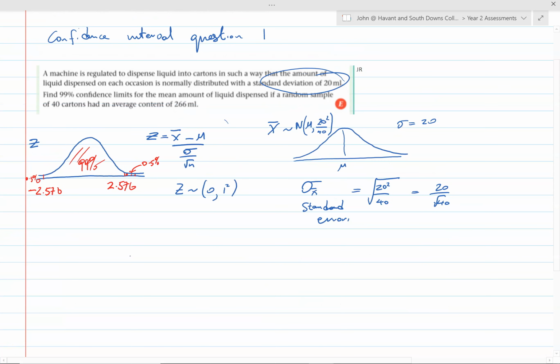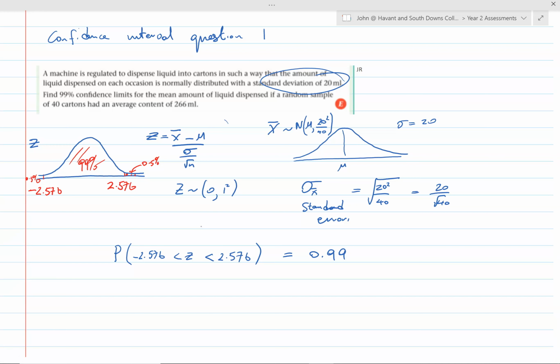At that point, I like to write it out as a probability statement: the probability of Z lying between minus 2.576 and positive 2.576 equals 0.99. So we basically want to transform this to a confidence interval for mu, the unknown population mean.